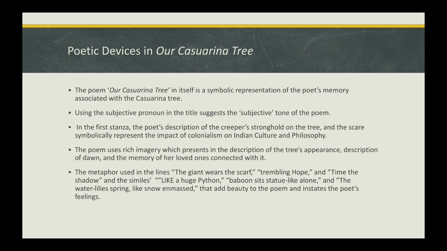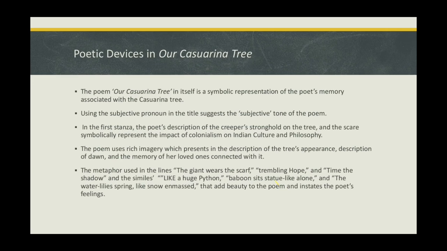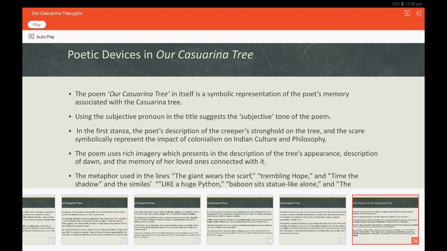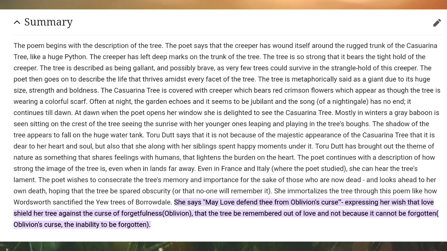In the first stanza the poet describes the creeper's strong hold on the tree, and the scarf symbolically represents the impact of colonialism on Indian culture and philosophy. The poem uses rich imagery of trees and their appearance, and descriptions of dawn and the memory of her loved ones connected with it.